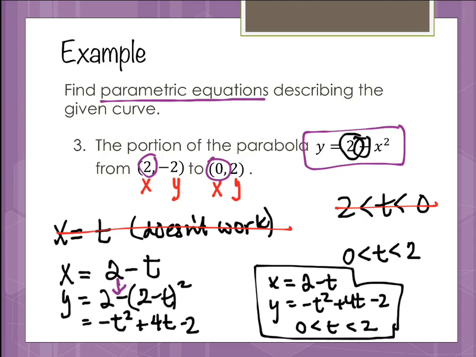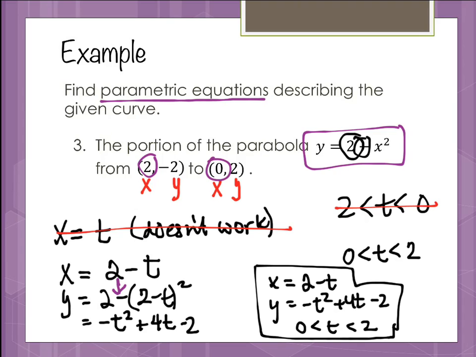Sorry, what did you say to do again? I didn't catch that. You're going to put these equations in your calculator, 2 minus t, and the y value, negative t squared plus 4t minus 2, excuse me. And you're going to make sure your window goes from 0 to 2, because that's the portion that we're supposed to be looking at.